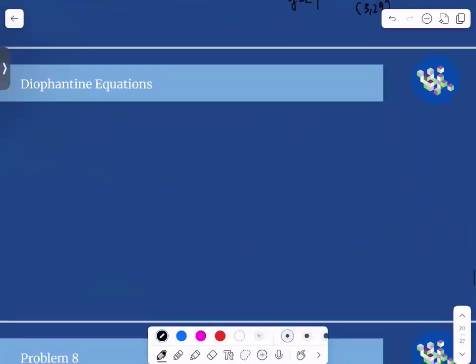So you can have a quadratic equation with 3 unknowns as a Diophantine equation.